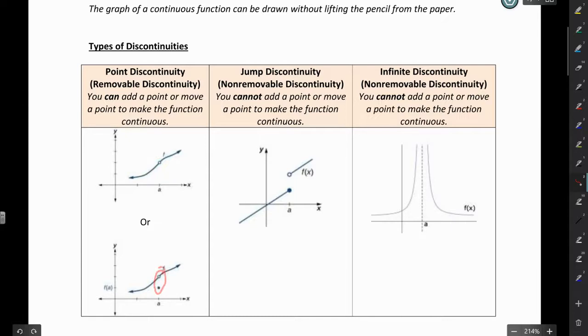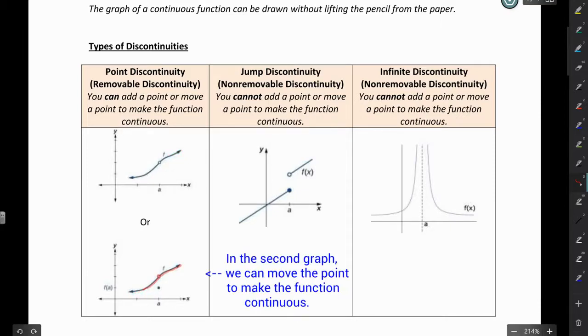We also have this situation where we're discontinuous at that point. But the thing you have to think about is that it's removable discontinuity if you can add a point or move a point to make the function continuous. So if I'm chugging along this path and I can fill in that point and keep going and never lift my pencil from the paper, I have removable discontinuity.